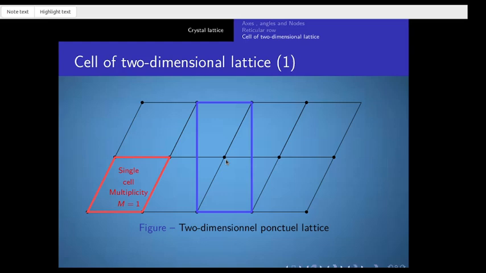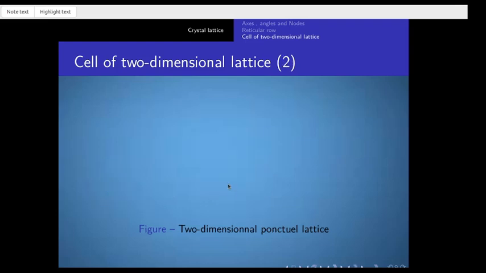And here we say that we have a multiple cell, here a double cell, and the multiplicity is equal to 2. How to calculate the multiplicity?